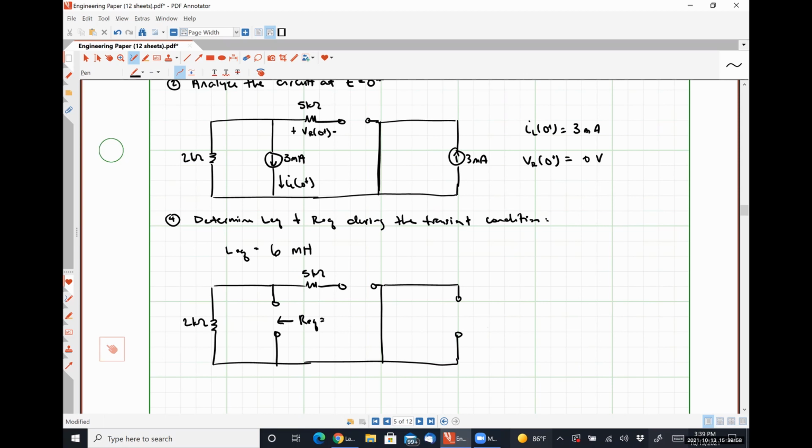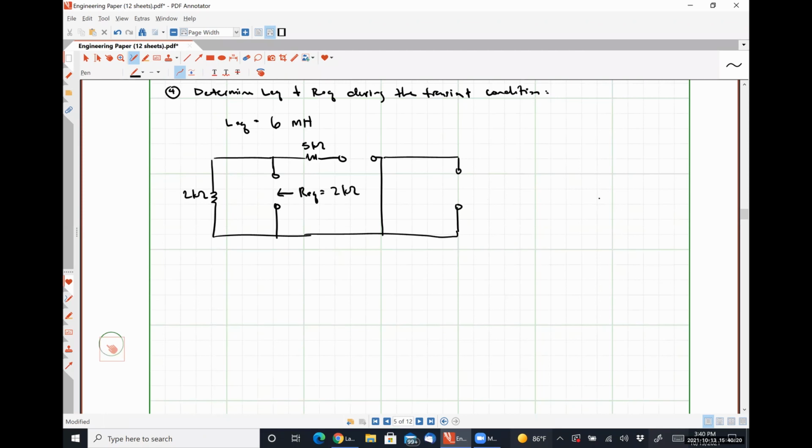What do I see? Just 2 kilo ohms. The 5 kilo ohm resistor got disconnected during the transient condition, so it no longer affects anything. So REQ is equal to 2 kilo ohms.